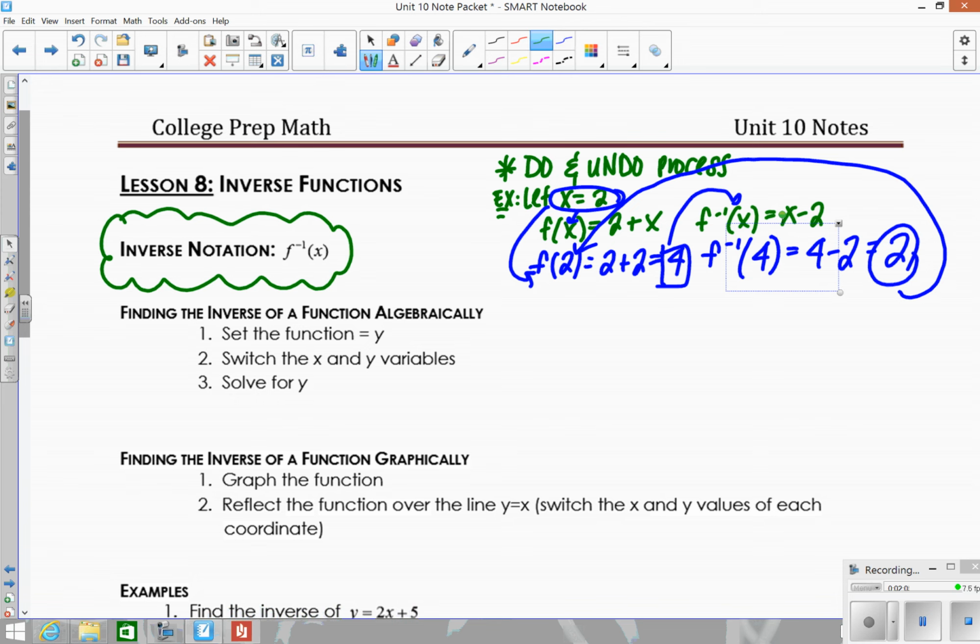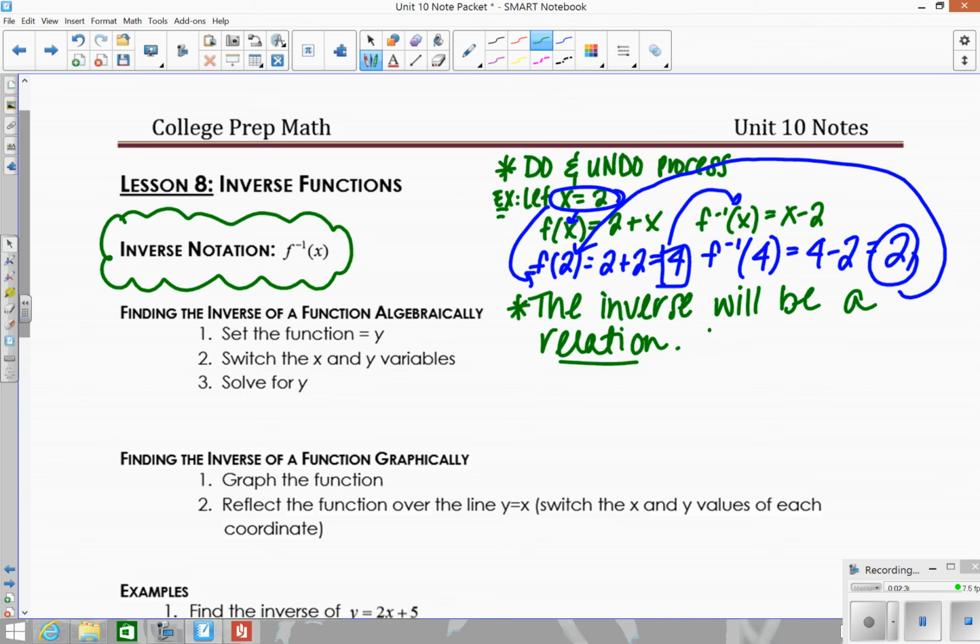A couple other things to note here. When we say inverse function, that means it's a function. However, you could have a function and take the inverse of it, and what you get out might not actually be a function. So that's something we should make a note of. The inverse will always be a relation, but it may or may not be a function.